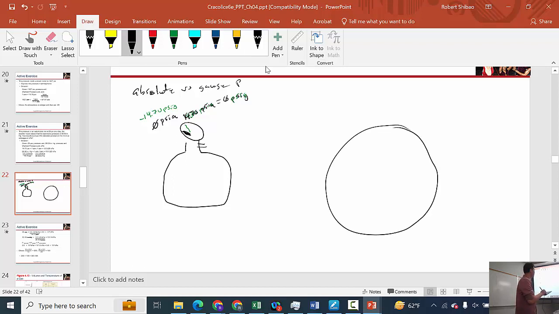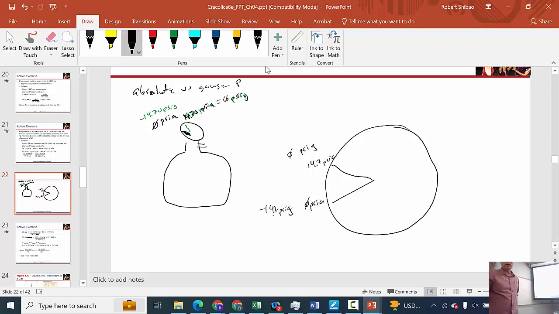I'd have two scales. One in PSIA. So at 0 PSIA, then I'm at negative 14.7 PSIG. And then I am going to have 14.7 PSIA, which is going to be 0 PSIG. And so there are two scales.